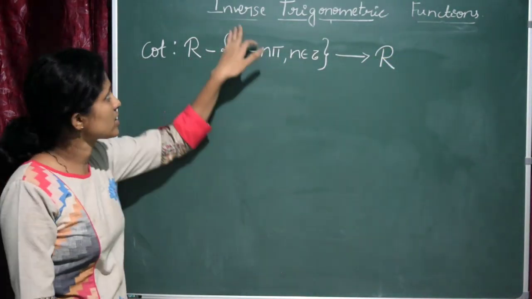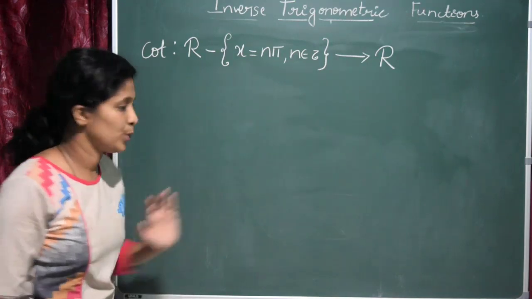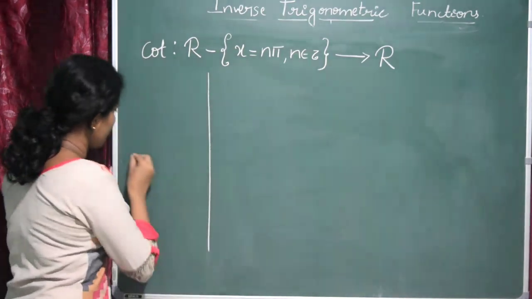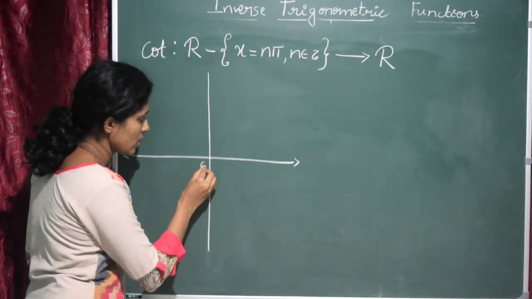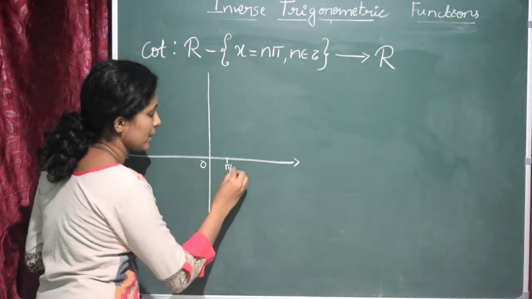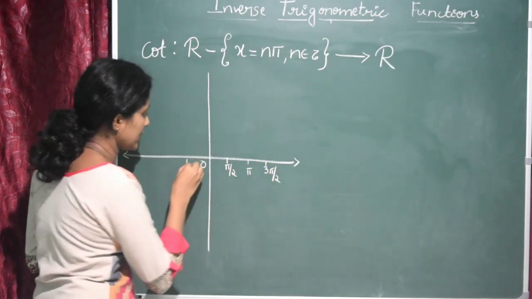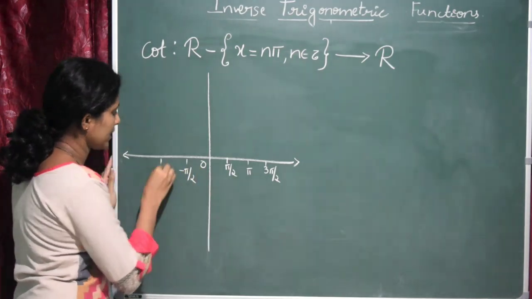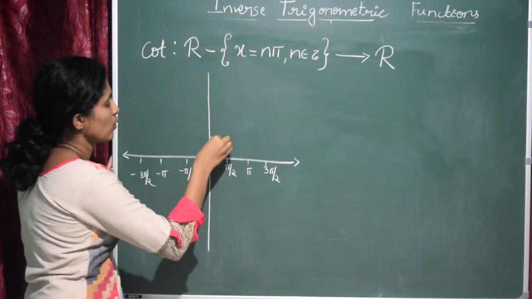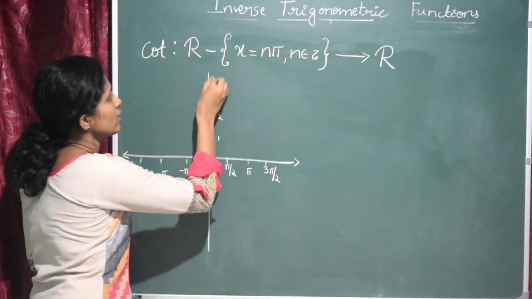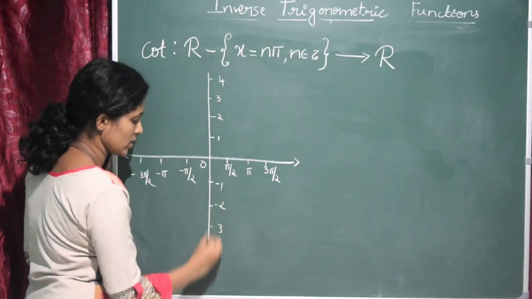Same as in the earlier functions, to find the inverse of a function, we have to check whether it is one-one and onto. We'll consider the graph of this function. So this is 1, this is now 0, and this is pi by 2, and this will be pi, then it is 3 pi by 2, then it is minus pi by 2, and here it is minus pi, and it is minus 3 pi by 2, and 0, 1, 2, 3, 4, and here it is minus 1, minus 2, minus 3, and so on.